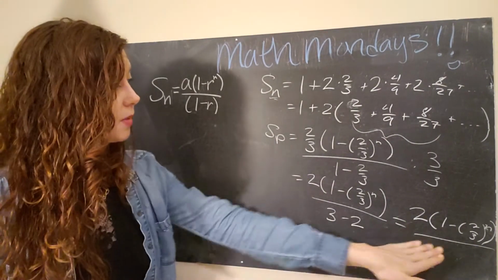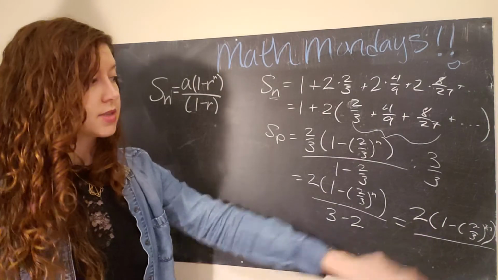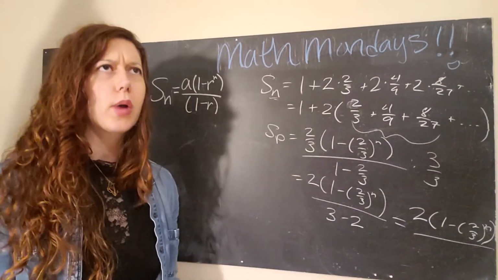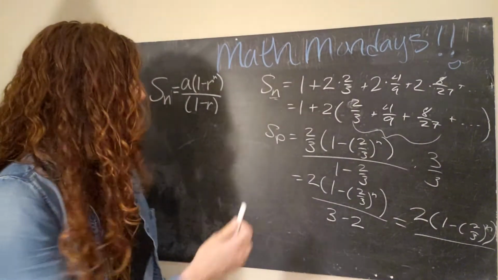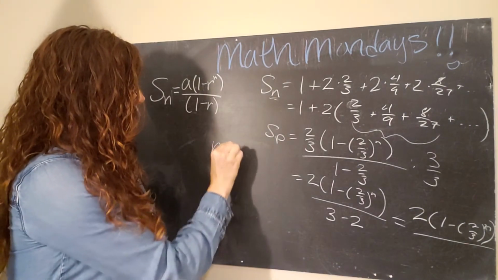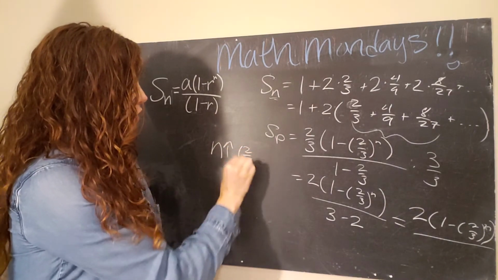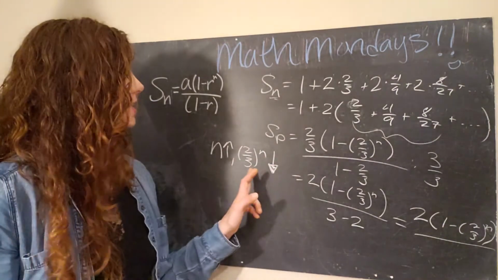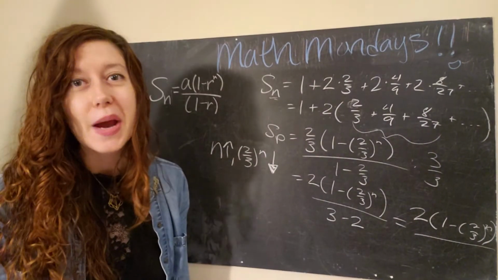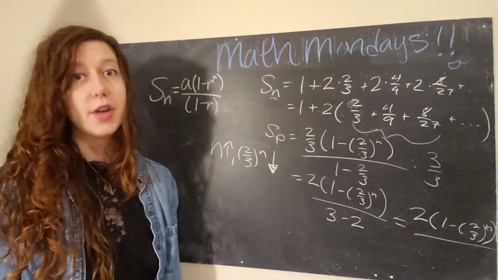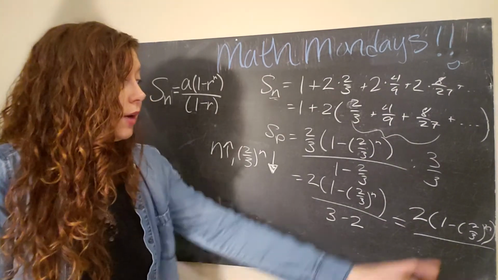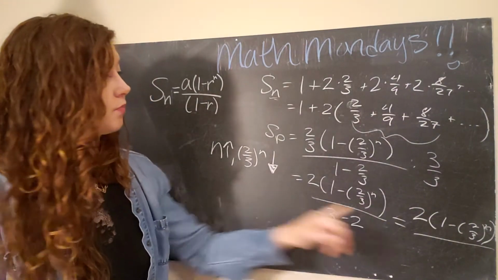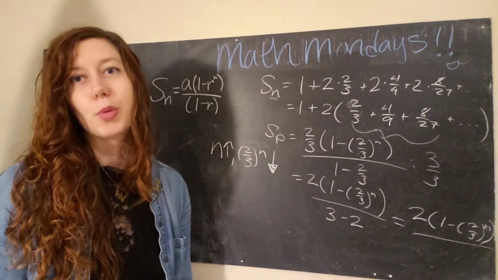Okay, so now the sum in parentheses is just this. And now we can say, well, as n gets bigger, 2/3 to the n goes down. At a certain point, this is going to be a very, very small number. Basically, when we compare that number to 1, it's going to be pretty much 0.